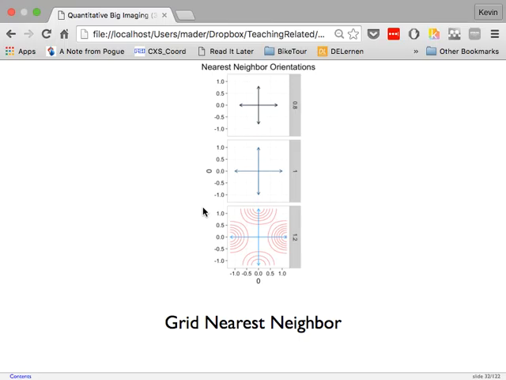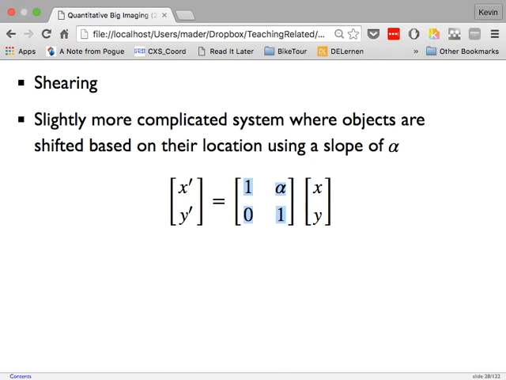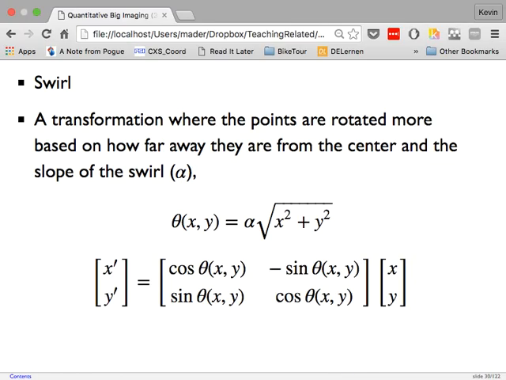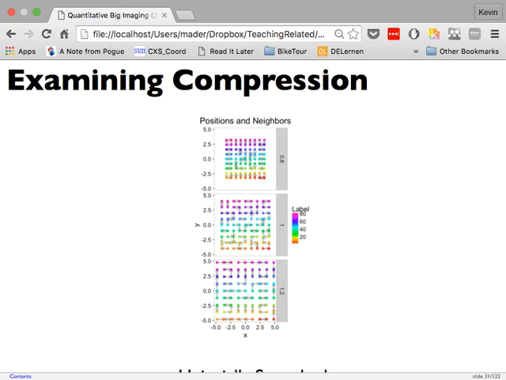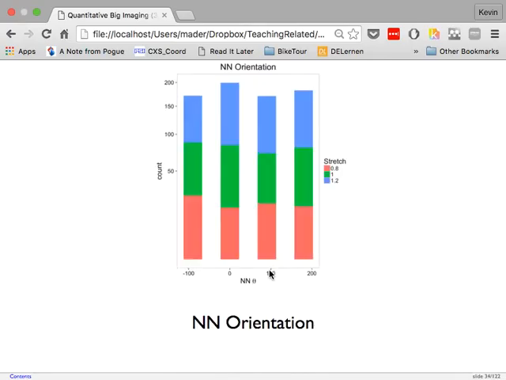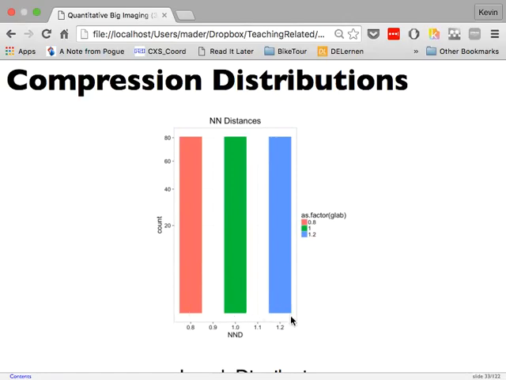To do that, we have these synthetic analyses, which are just ones I've arbitrarily come up with. Shearing is actually useful for material science or mechanical engineering, but the stretching and swirling are just to show the other kinds of transforms you can apply to systems. What we see for the nearest neighbor distance is that the distance changes: we have 0.8, 1, 1.2.